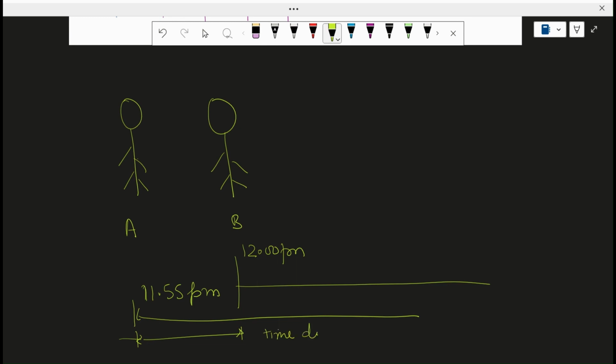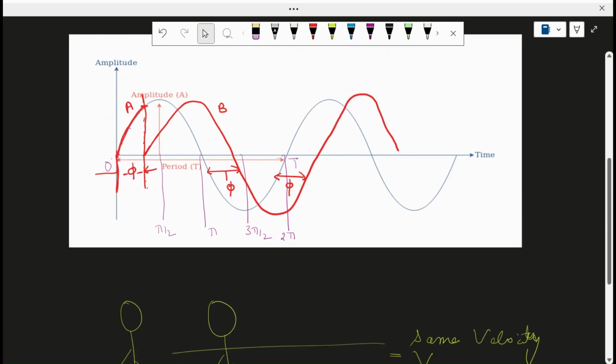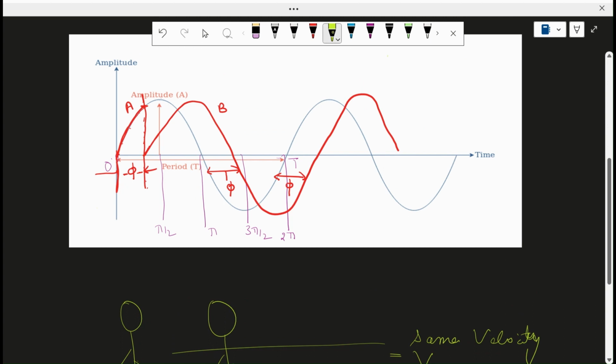This will always be a consistent time difference since both are moving with the same velocity, let this velocity be v. So there will always be a lead of phi angle between both these waves. This is what a phase difference is.